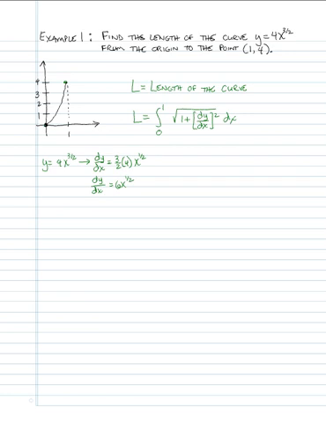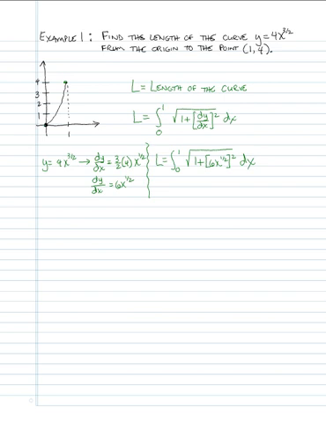Now, let's use this information. L then is equal to the integral from 0 to 1 of the square root of 1 plus our derivative, which is 6x to the power 1/2, but that derivative is squared, and we're integrating with respect to x.